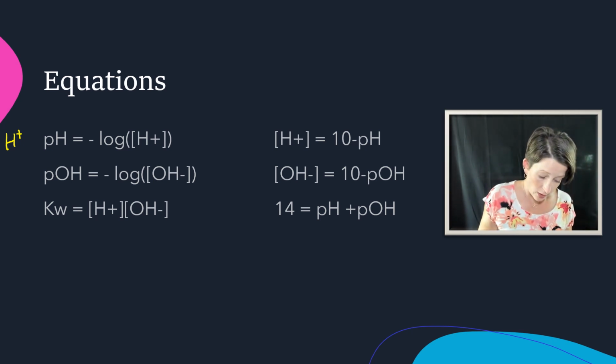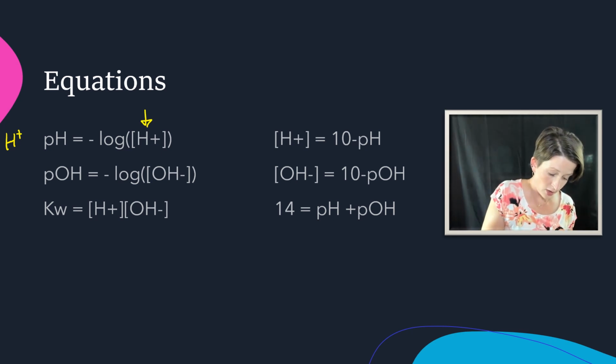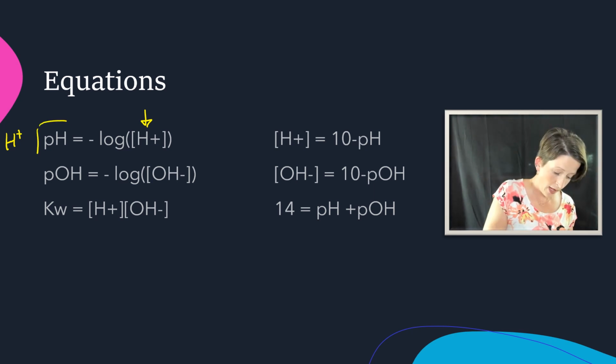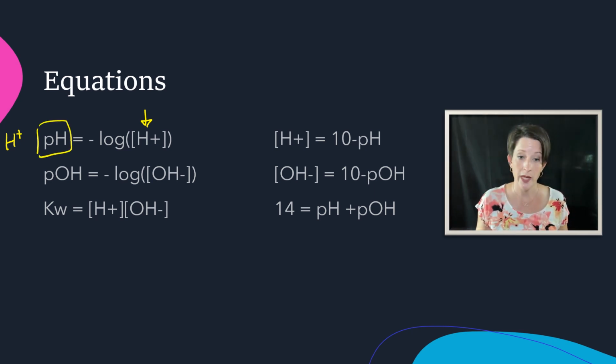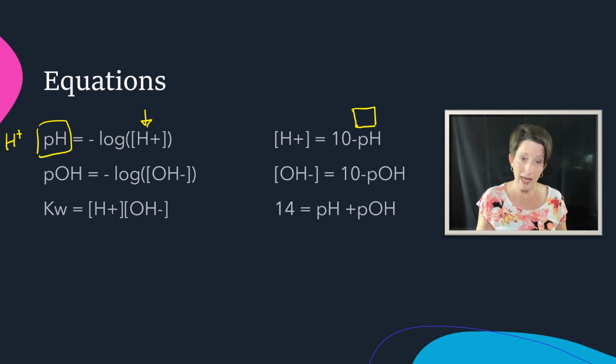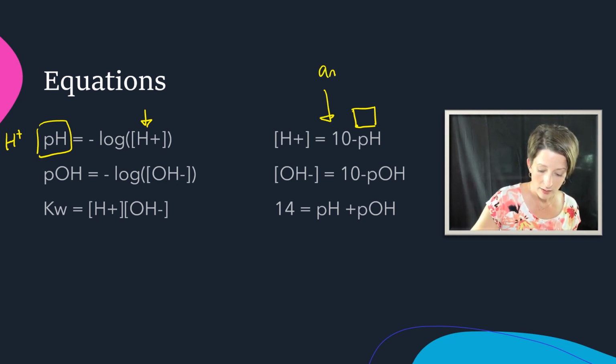Based on what it is you're looking for, you can find that unknown. So if we know our hydrogen ion concentration, we can use the negative log of that concentration to find the pH. If we know the pH, we can take what's called the anti-log. So the anti-log is 10 to the x.